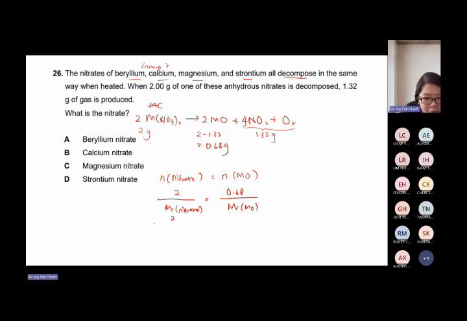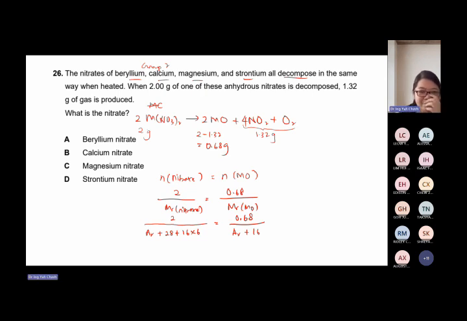So 2 divided by the atomic mass of M, Ar, plus 2 nitrogen, 14 times 2, 28, and oxygen, 3 times 2, 6, 16 times 6. It will be equal to 0.68 divided by the Ar of the metal plus oxygen, 16.